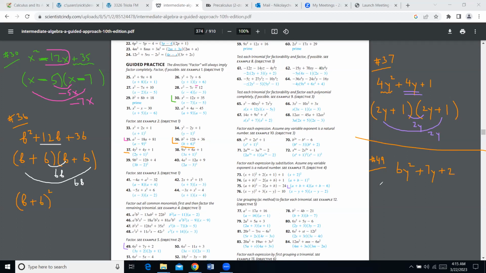So it looks like I prepared two parentheses, right? Factor 6y squared, I can try 2y and 3y and see what's going to happen in here. Then I put pluses, right?